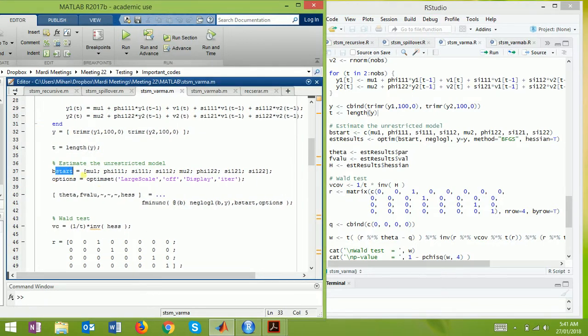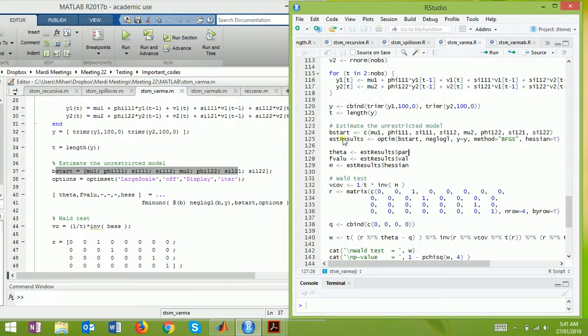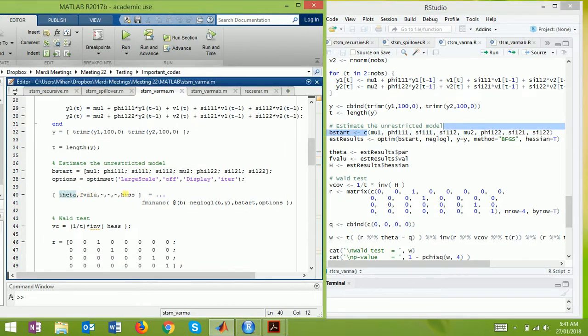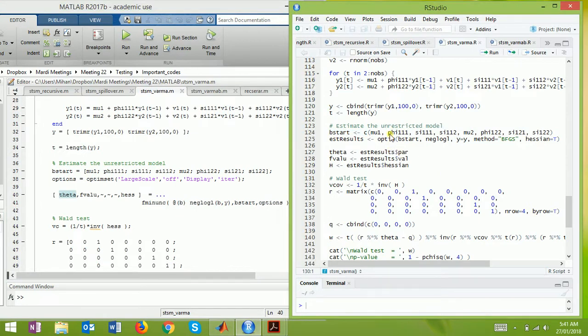So the initial values are created already, so we make a column of the initial parameters, then options, optimset, large scale, display iteration off, then theta value, and we know the Hessian, f in Yang, b neglog l by b star options. And in our options function, we call the optim.